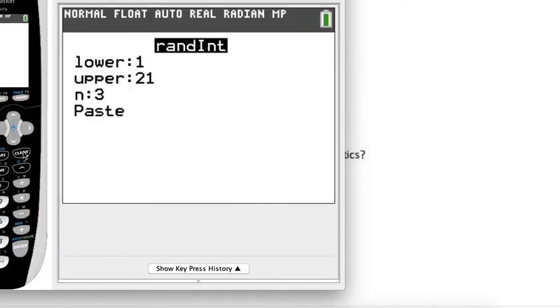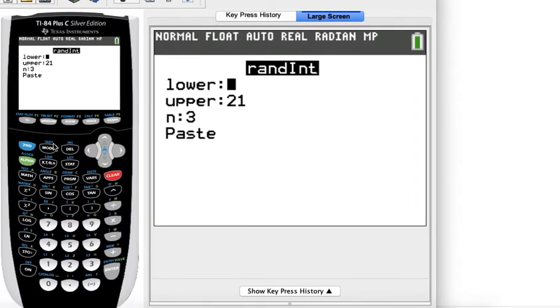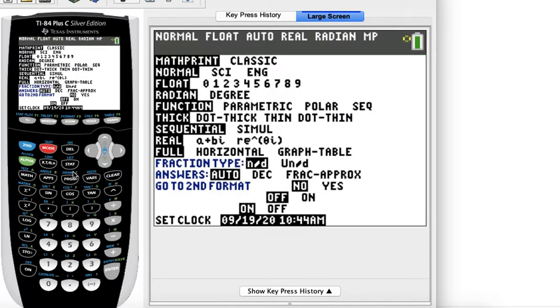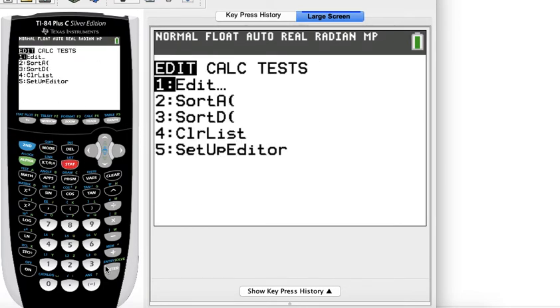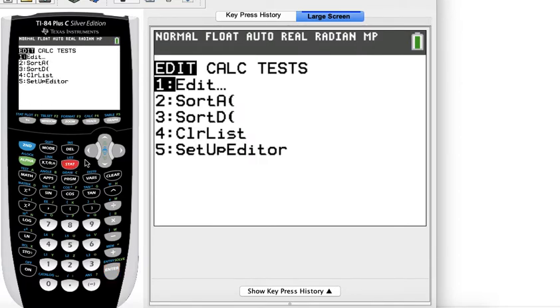All right, so let me get that on our screen. I'm going to clear this out here, go to my stat, edit my list, and put in 0, 25, 30, 60, and 90, so I have that data ready for me. And then I'm going to go back to stat, and then I want it to calculate something for me.